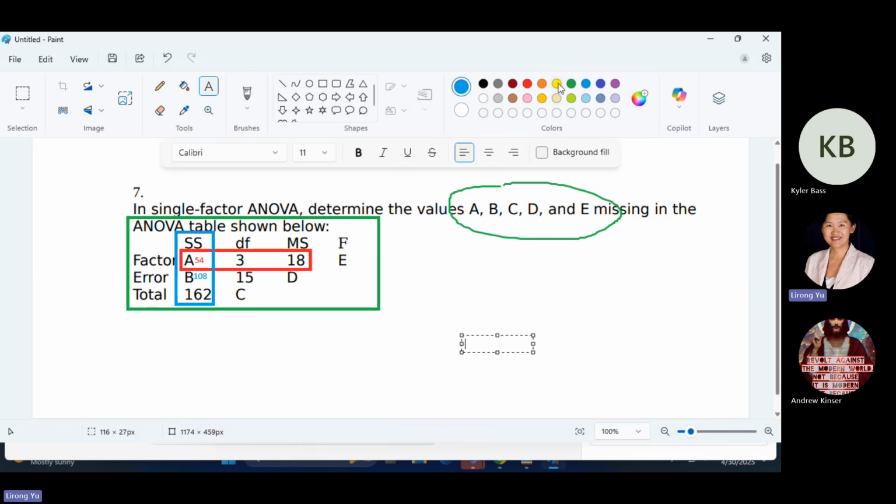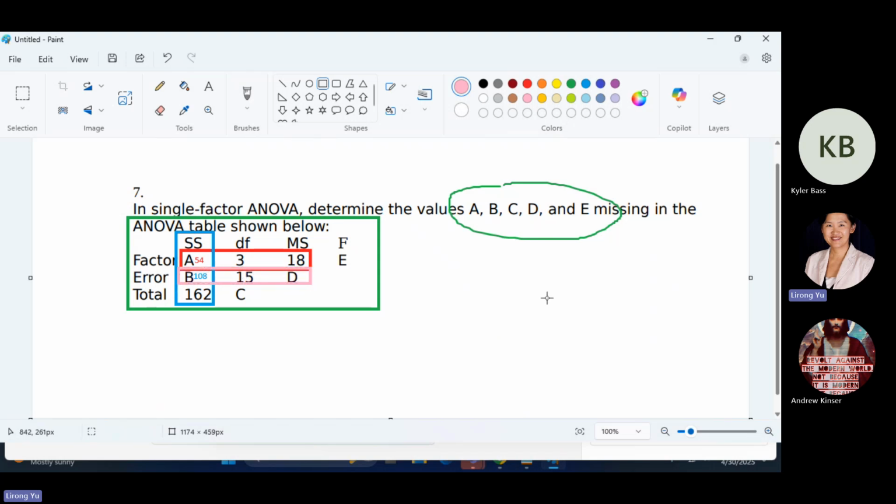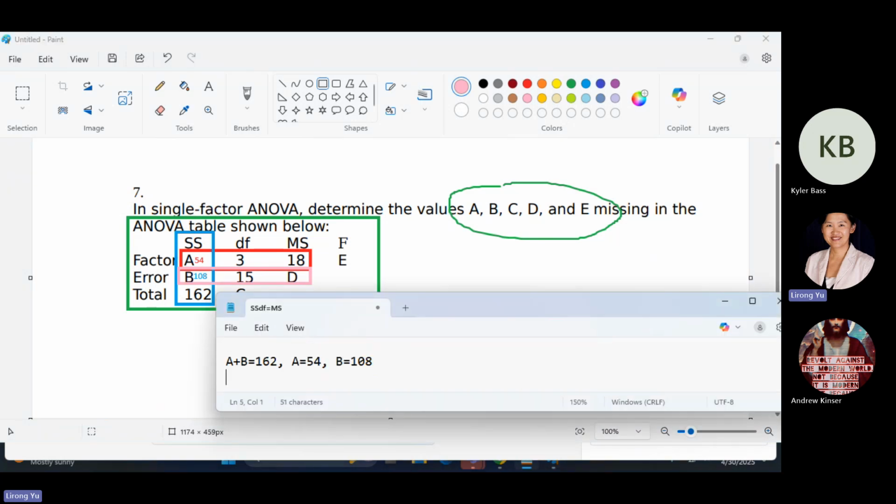So now we can move on to another relation, such as this row. We already see how things are related in the first row. The second row has a similar relation. Now that we already know B, realize that B divided by 15 will equal D, that's the mean square.